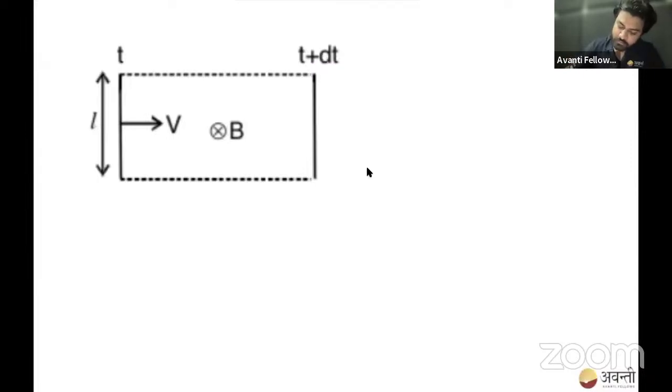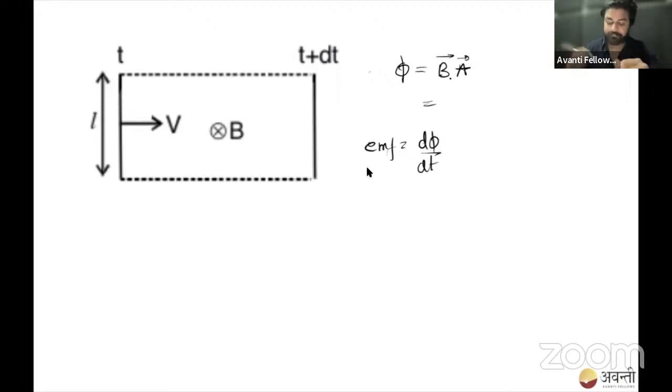So we know that flux is equal to magnetic field into area, correct? B vector dot A vector, or we can say BA cos theta, right? So if I say how much area it will sweep, this flux basically will give us finally EMF also, because EMF is equal to change in flux over some time t.